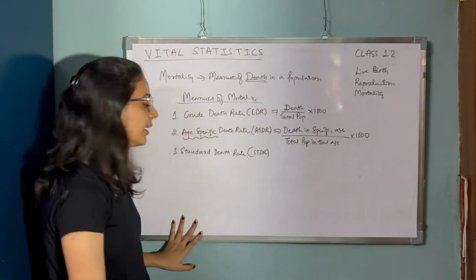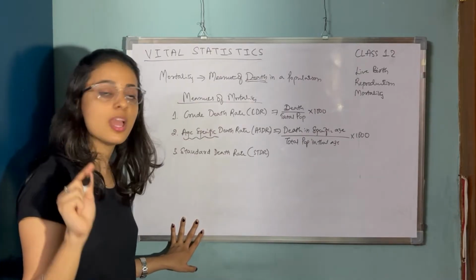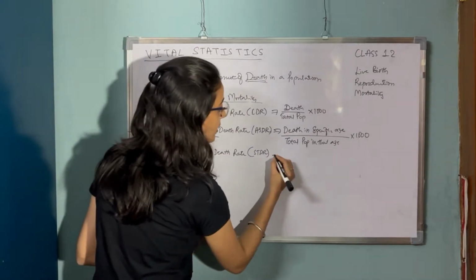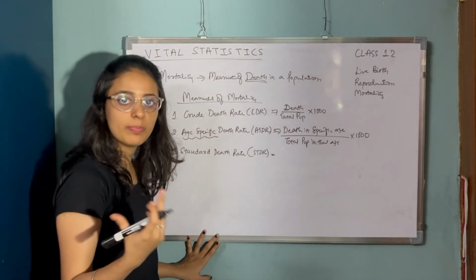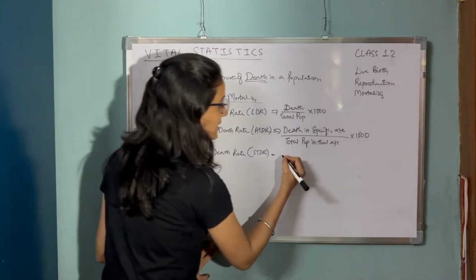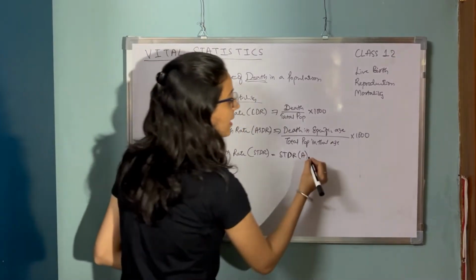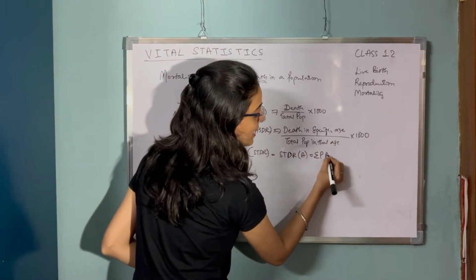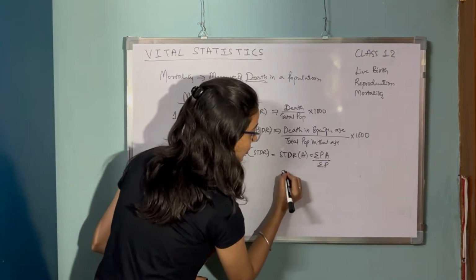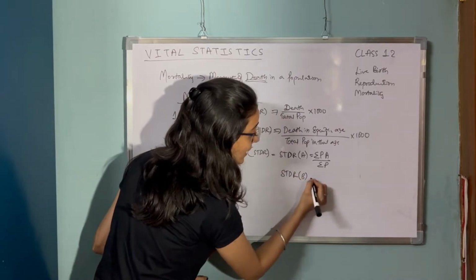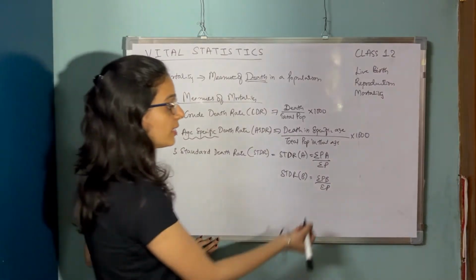Here, STDR is very important from the point of view of comparing death of two localities or of two towns. Here, the formula is like if we are comparing a particular town A or town B, locality A, locality B, it stands like STDR of town A is summation of PA by summation P, right? If we are calculating it for town B, it is summation of PB by summation P. Now what is this P and A?